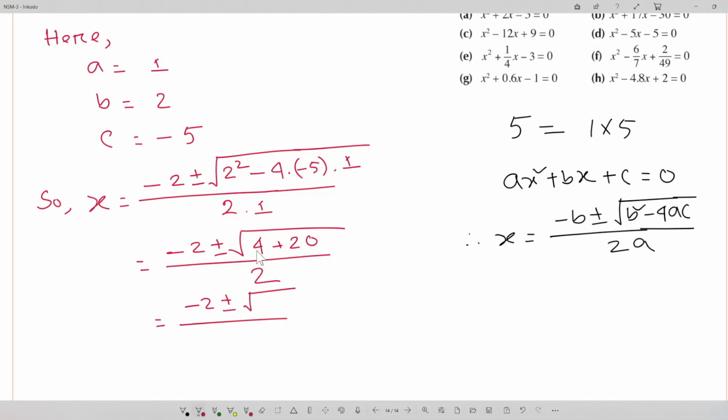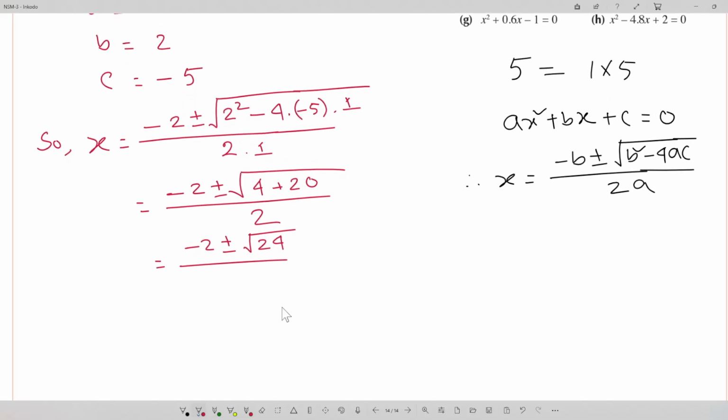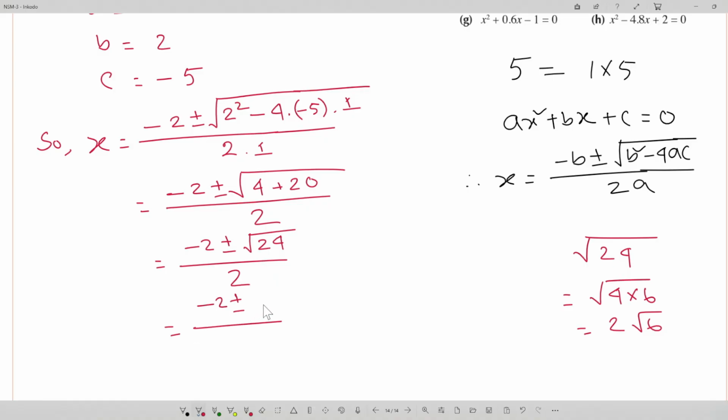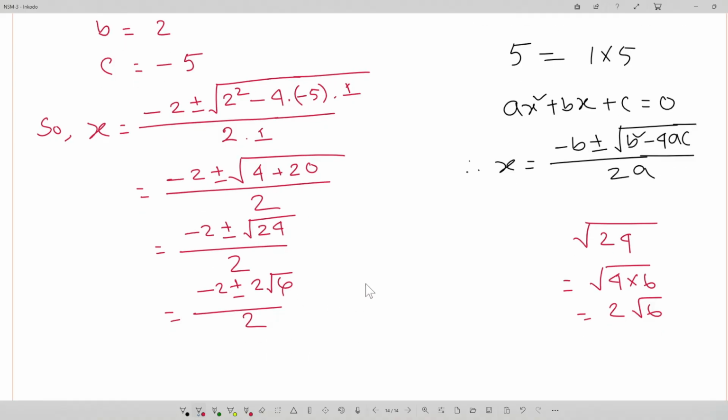It means what? 24 divide 2. So if we segregate this 24, we can write 4 times 6, it means the square root of 4 is 2, and root 6. So we can write this root 24, here is minus 2 plus minus root 24 means 2 root 6, divide 2, right?